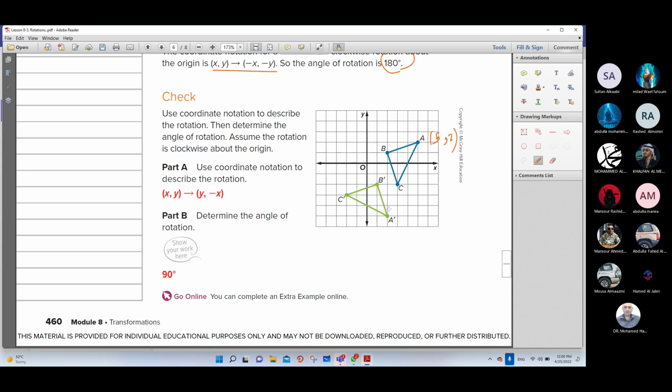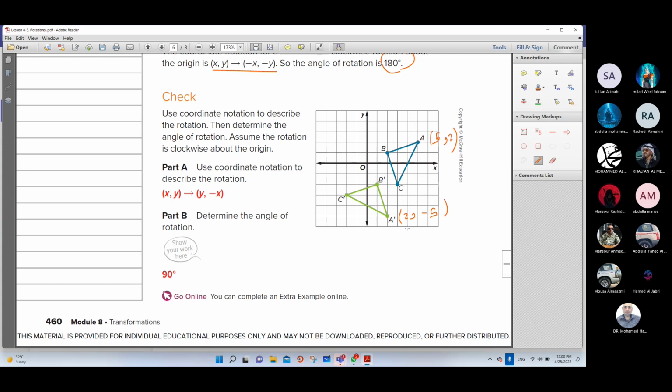And find A prime as you see here 2, and here negative 1, negative 2, negative 3, negative 4, negative 5. And compare A and A prime. As you see, take the opposite of x, put it in the y place, and keep y and put it in the x place.